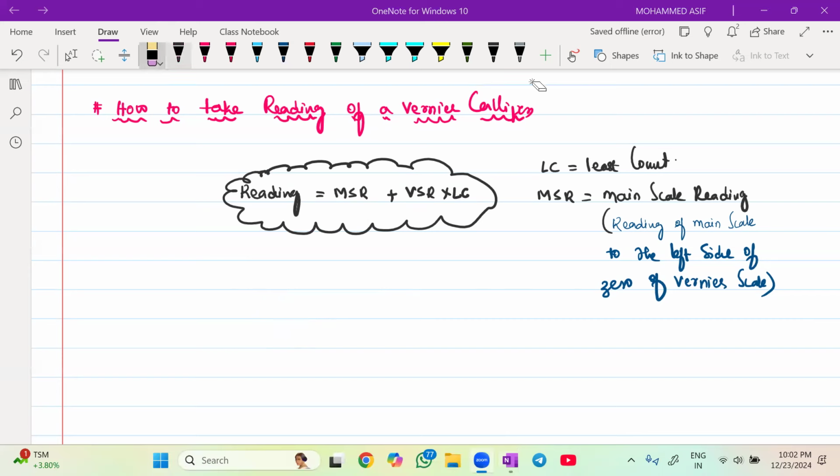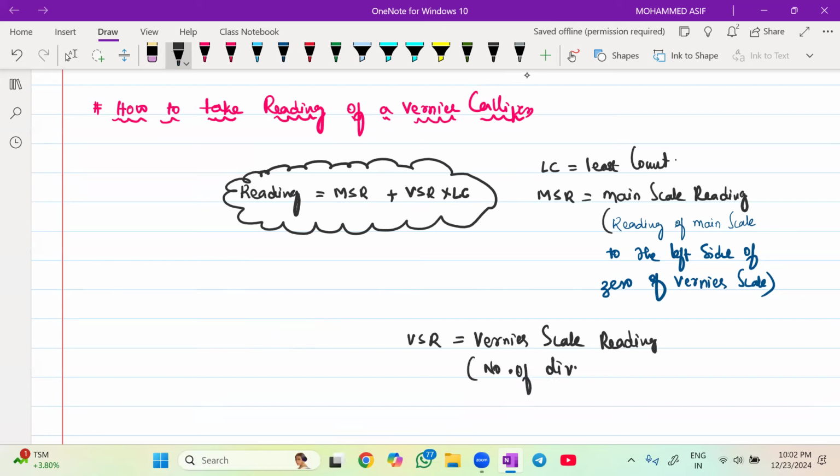Next one. What do you mean by VSR? VSR is nothing but Vernier scale reading. In the Vernier scale, reading means the number of divisions.